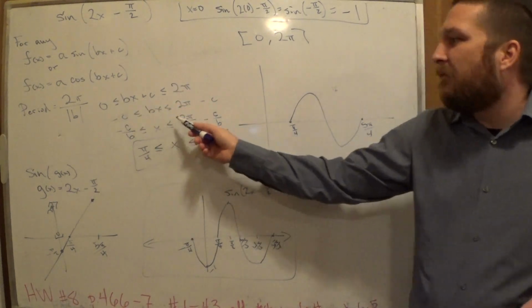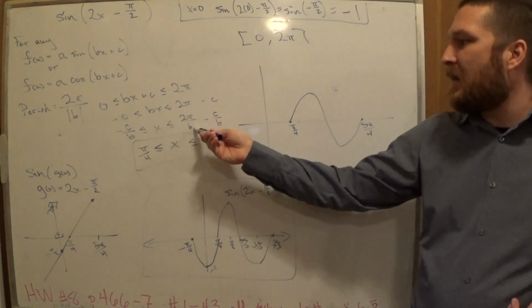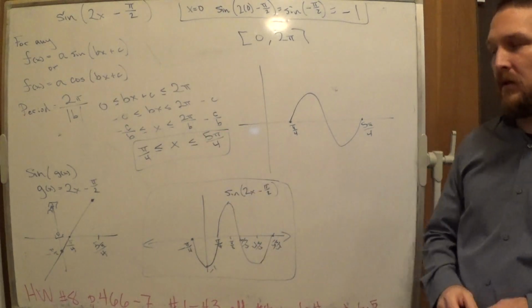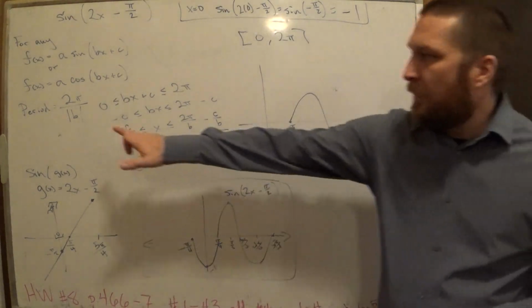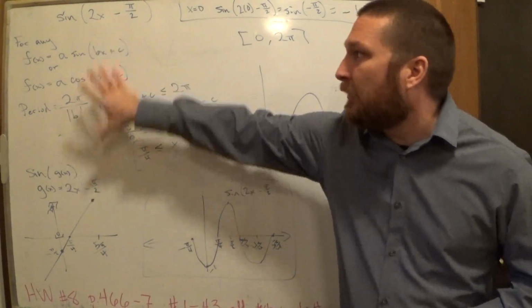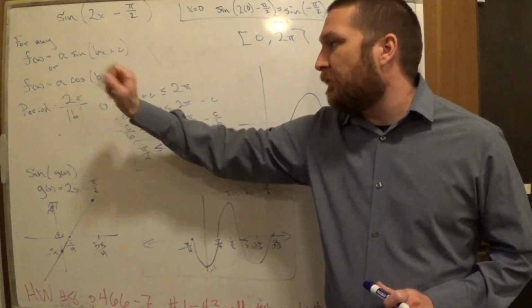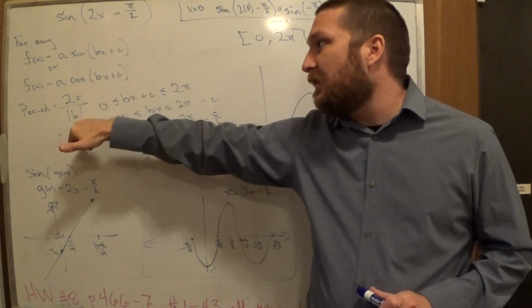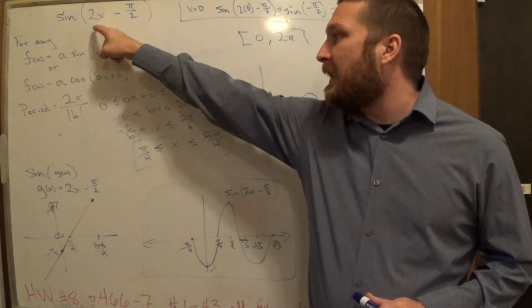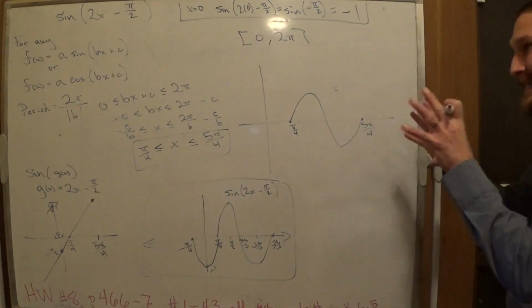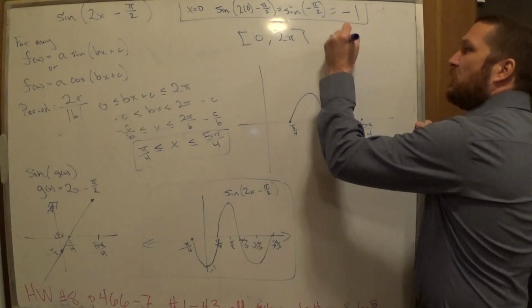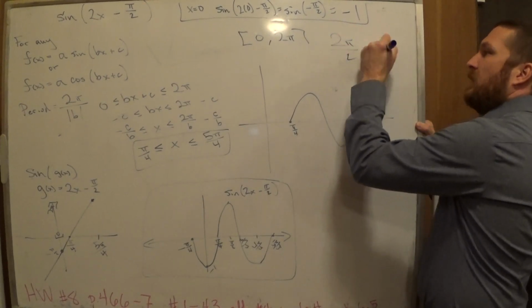Then when you divide by b, that is the new length of your period. So the new period, once you've transformed this, is what you get when you take your old full period and divide by that number. In this case, it's 2 pi divided by 2, and my new period is just pi.